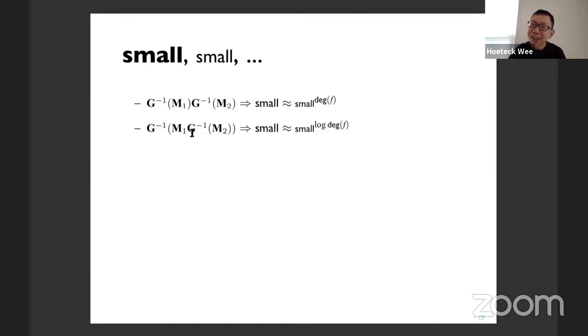Whereas if you multiply first and then do your G inverse, the output will always be 0, 1 entries. So somehow your noise grows a little bit slower, in fact logarithmically. The exact details don't follow quite from this equation, there is the noise and so on, but this is the basic idea. You want to reorder your G inverse operations in a way that helps you grow more slowly.